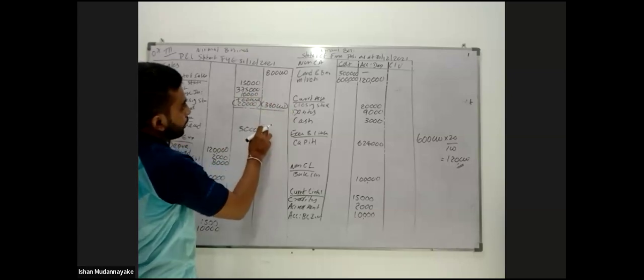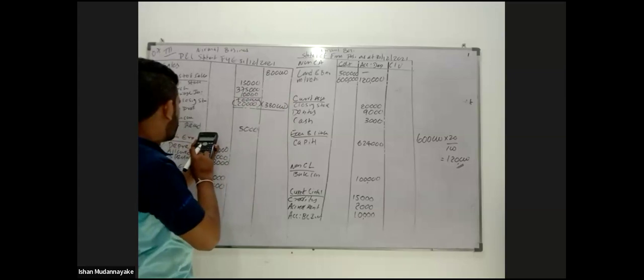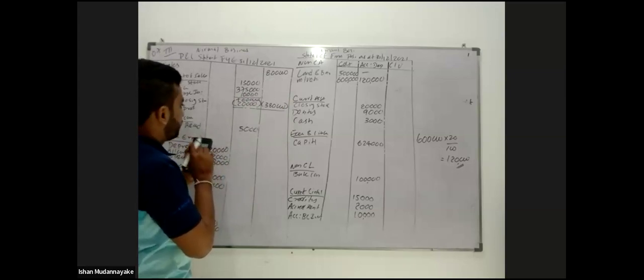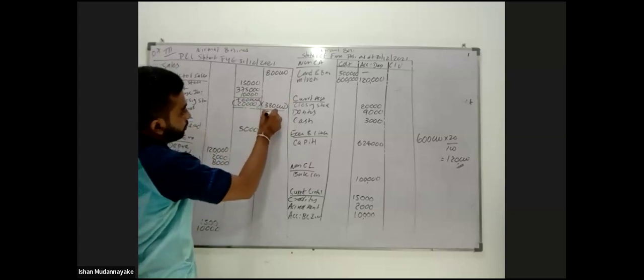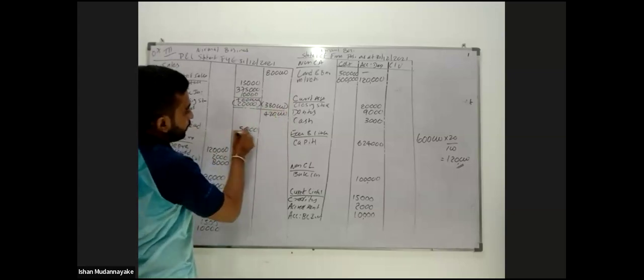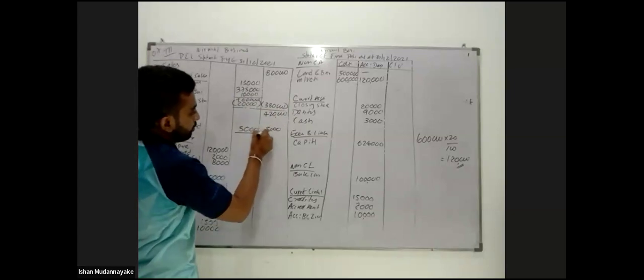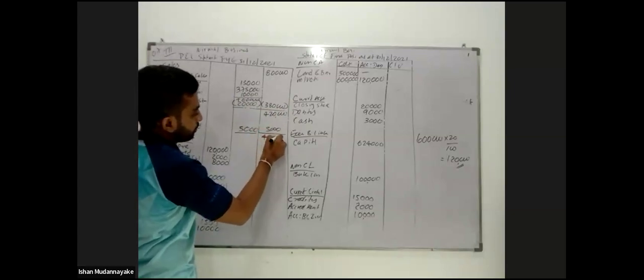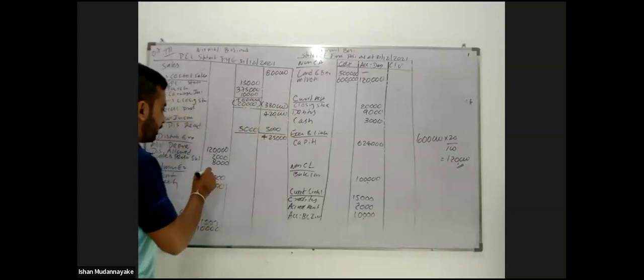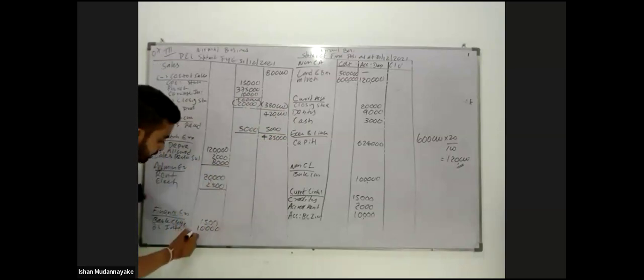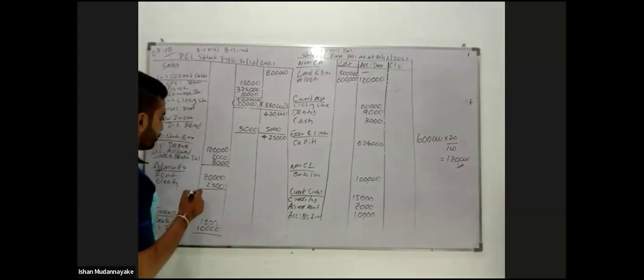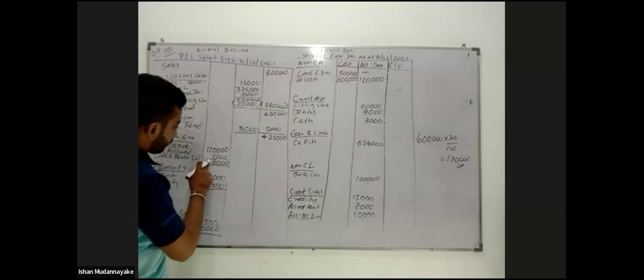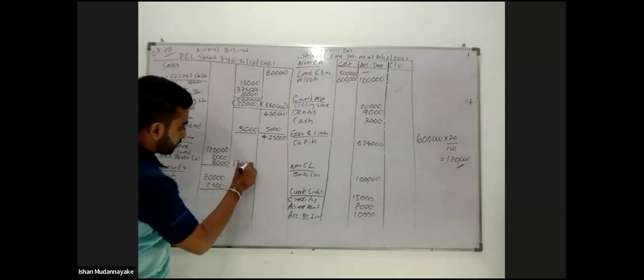Gross profit how much? 800,000 minus 380,000 is 420,000, plus 5,000 is 425,000. Minus expenses. Distribution expenses 130,000.